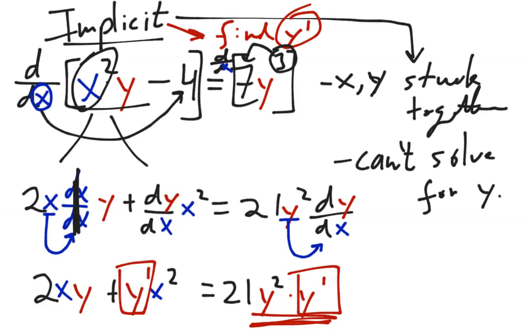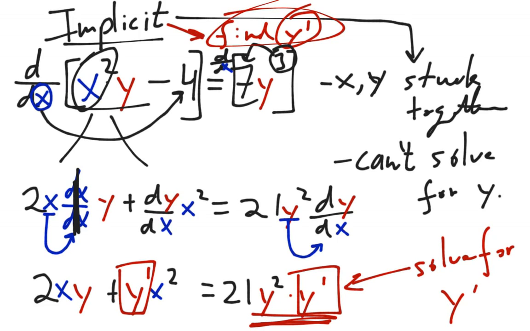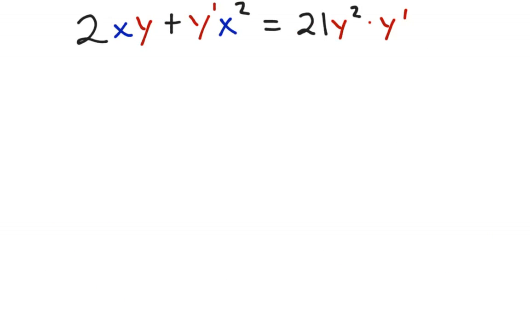But now what we need to do is isolate and solve for the y prime. Because remember, we had to find y prime. That was the whole point of this question. So let's do that. However you want to do this, you can. What I like to do is, we have two terms with a y prime, so I'm going to move everything with a y prime onto that side.